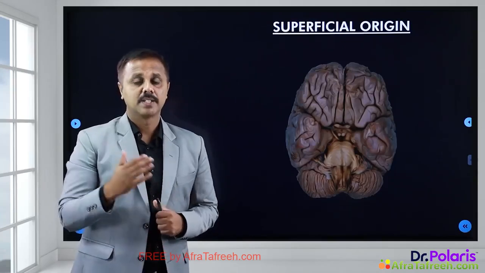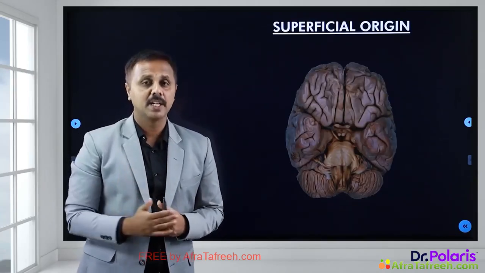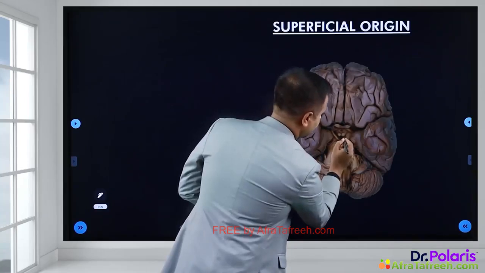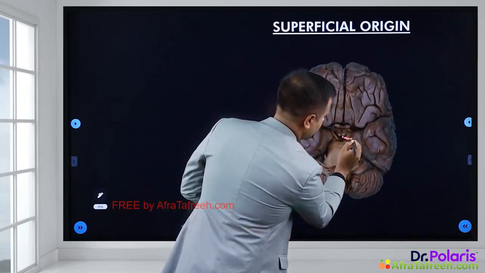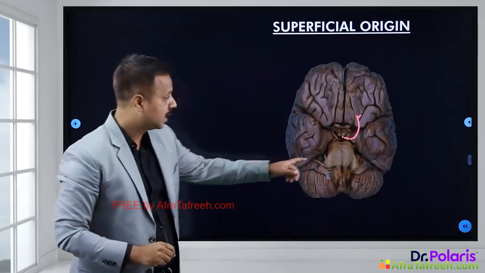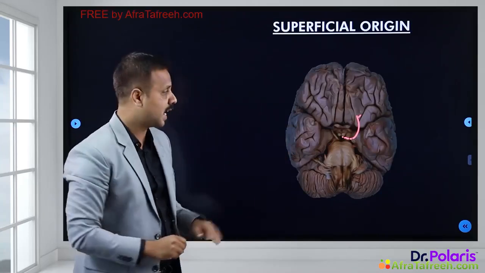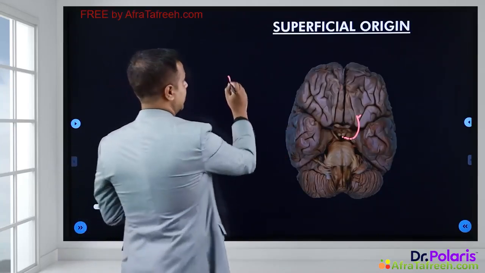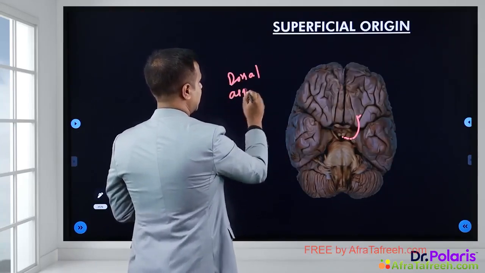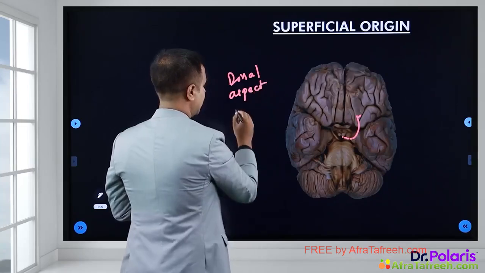What about the superficial origin? Since the nucleus is present in the midbrain, it should arise close to the midbrain itself. But the peculiarity, remember here, is that it arises from the dorsal aspect of the midbrain. Those dotted lines suggest that this arises from the dorsal surface of what?